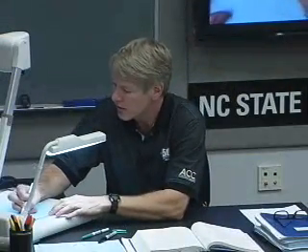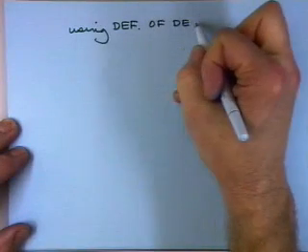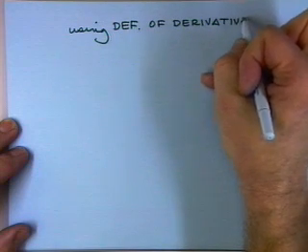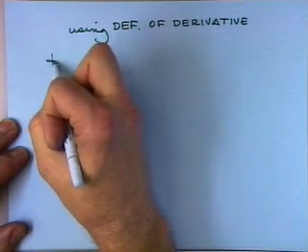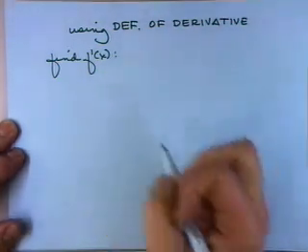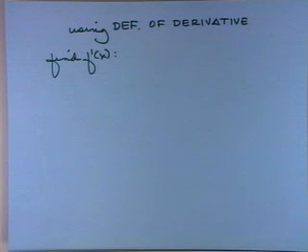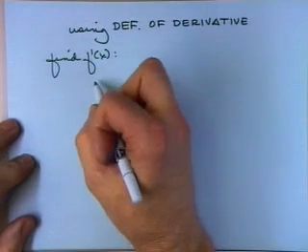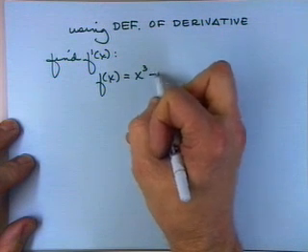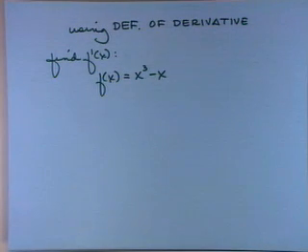Using the definition of derivative, we want to find the derivative if we're given some f of x that is a cubic polynomial.